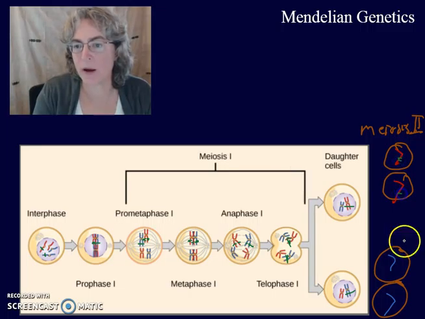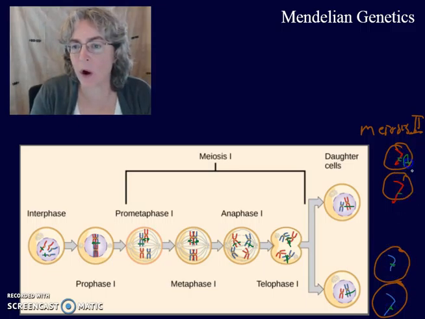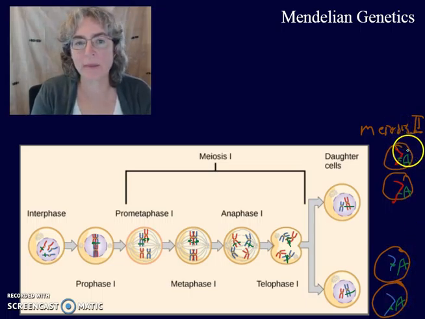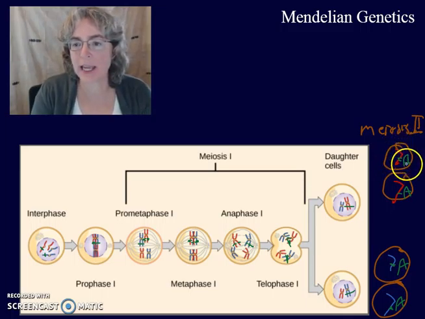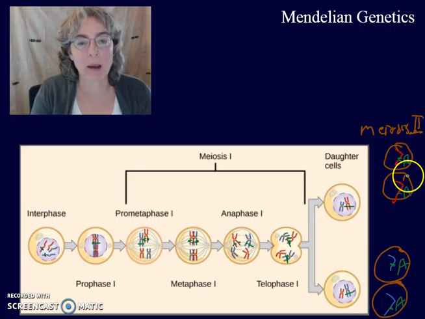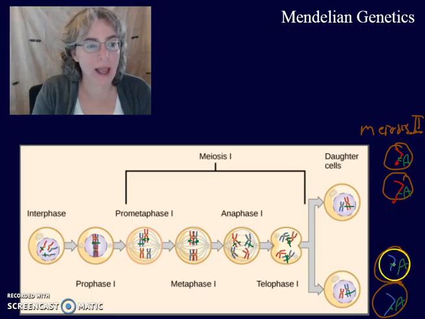Here's the allele for that one. Here's the allele for that one, and here's the allele for that one. And in this case, they were all A. So what we do is we represent the gamete for this trait as the capital letter A. And in this case, it's all A.